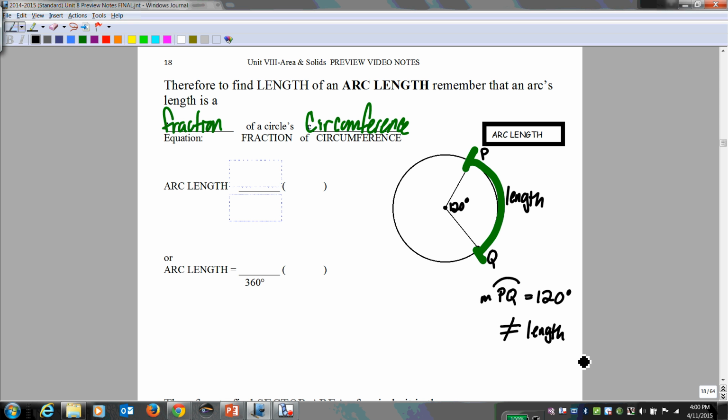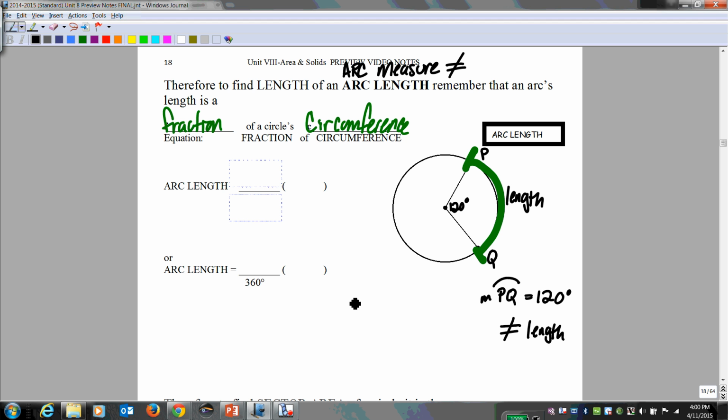You'll understand that more in class when we do a little experiment. So for now, just realize when we talk about arc measure, that means the degree curvature. And length is a piece of the circumference, and they are not the same thing. Very important you understand that.